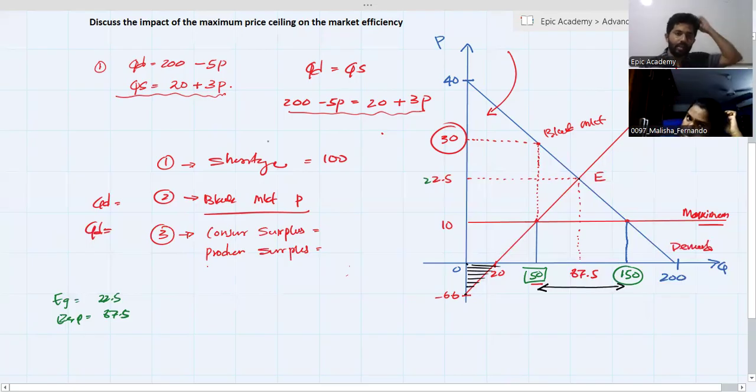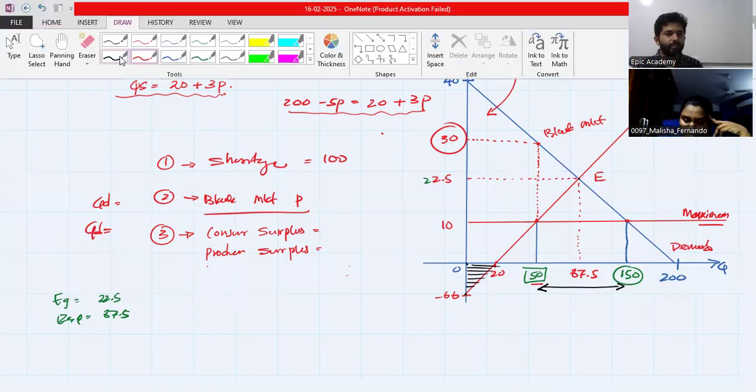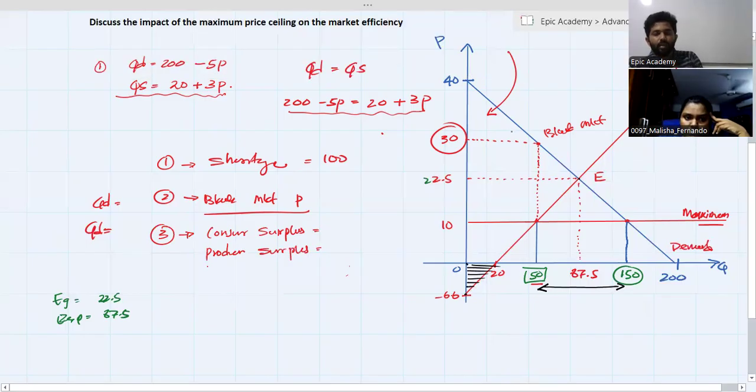After imposing the maximum price, producer surplus reduces to this amount, from this to here. So now you can identify after government intervention, producer surplus reduces by a reasonable margin.